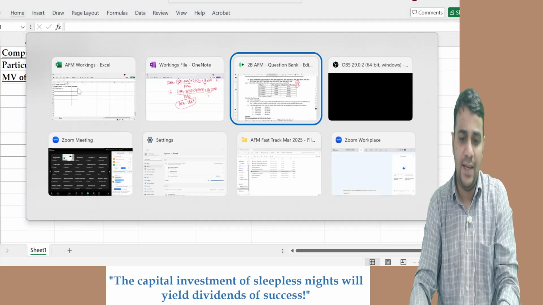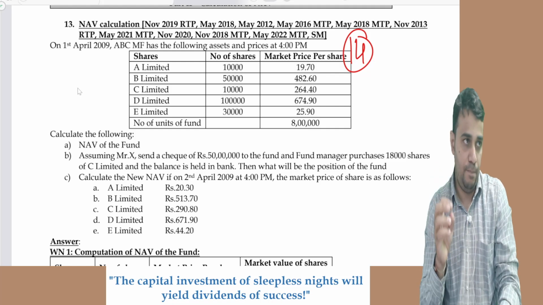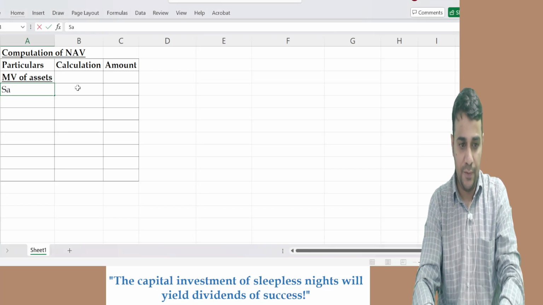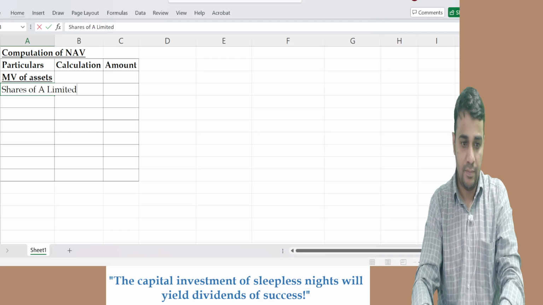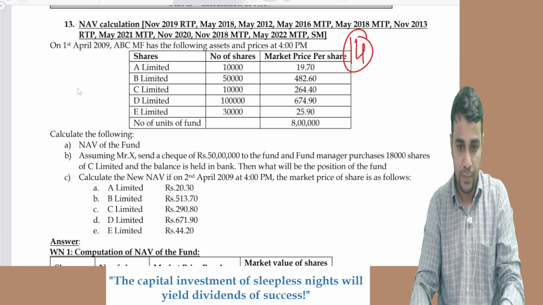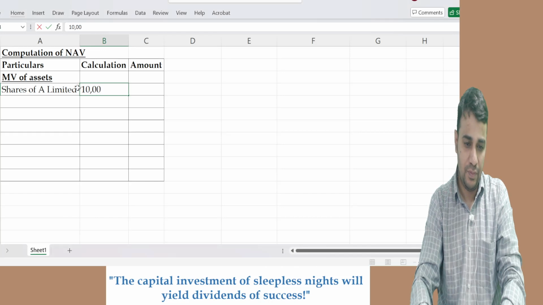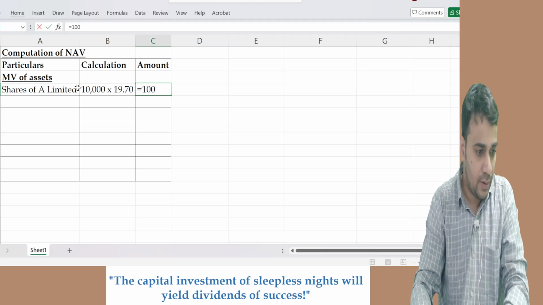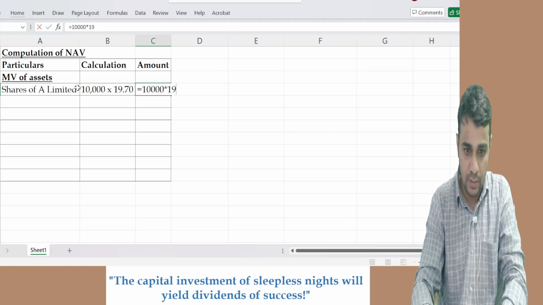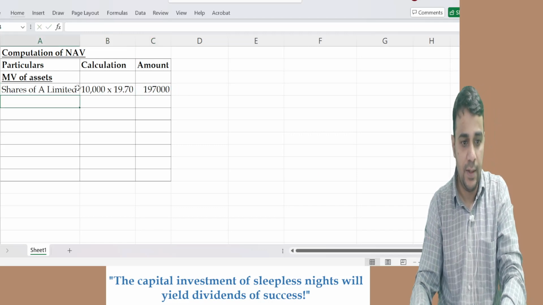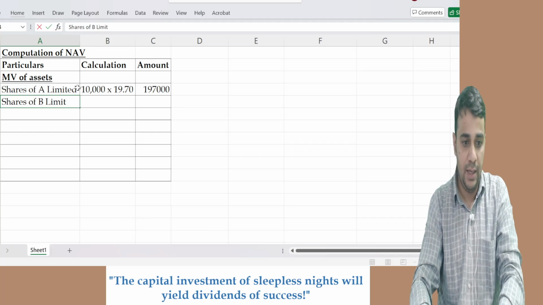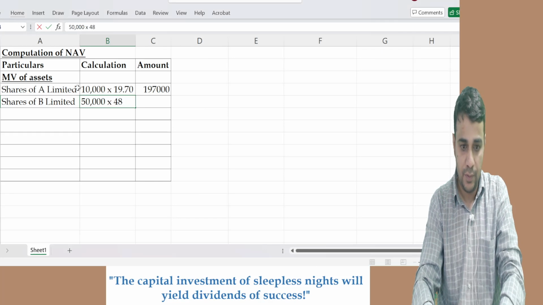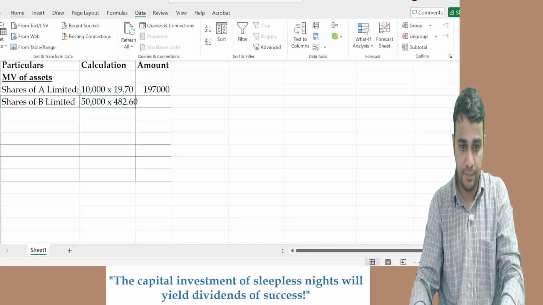There are, I think, 5 assets we have invested in: A Limited, B Limited, C, D, and E. So let's write them. Shares of A Limited, 10,000 into 19.7. Shares of B Limited, 50,000 into 482.6.